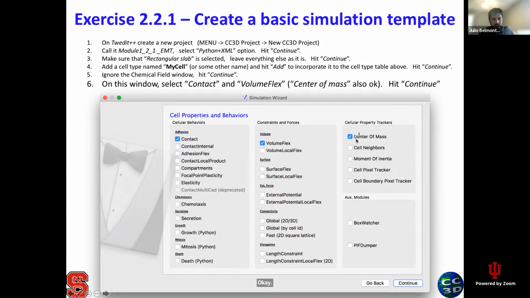We can leave the center of mass because it's always turned on. But the only things we need are contact and volume flex. Don't add anything else. So make sure those two are selected because they are not by default. So hit contact, hit volume flex. That's it. Then hit continue.